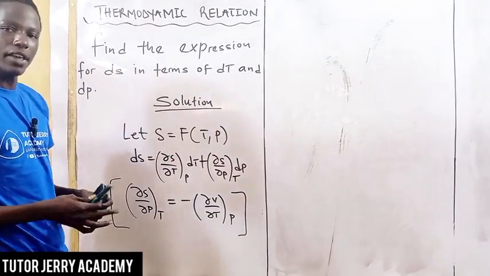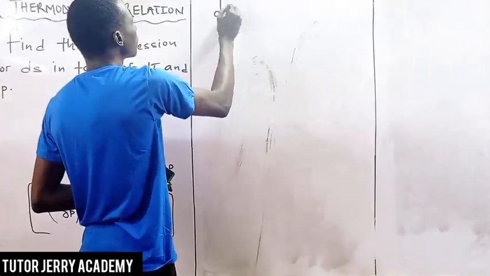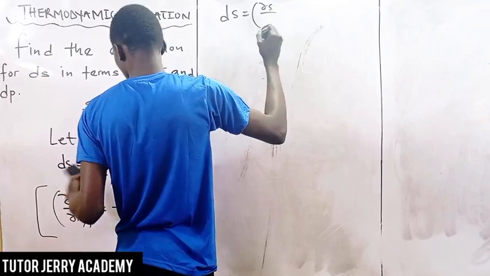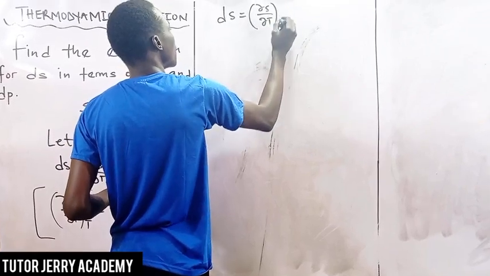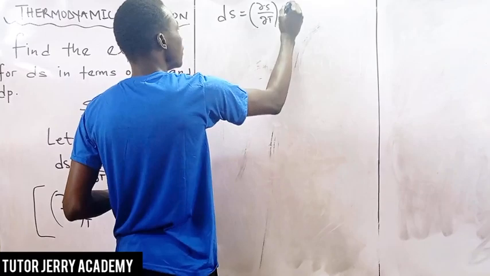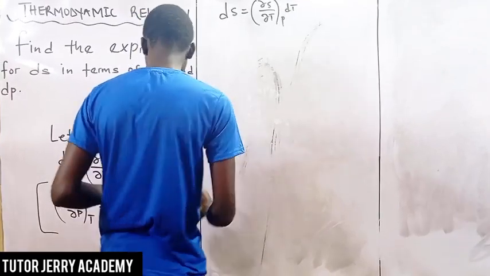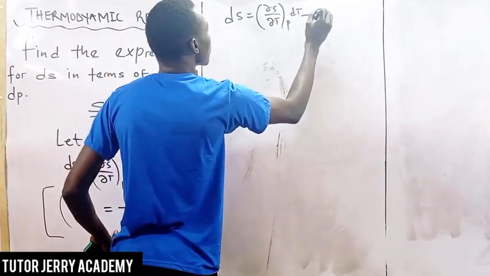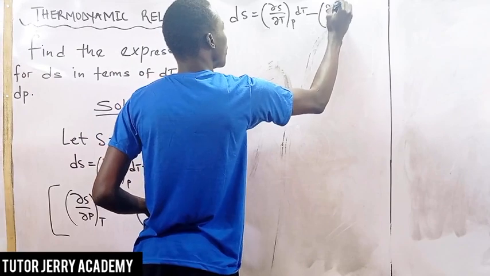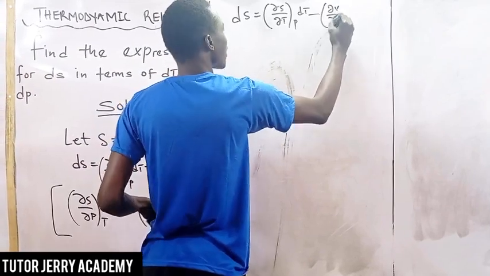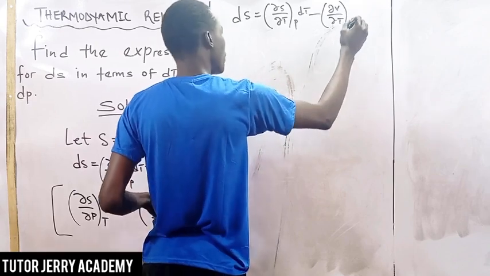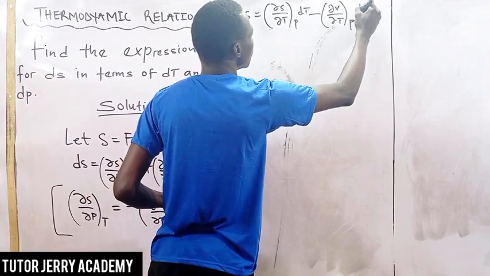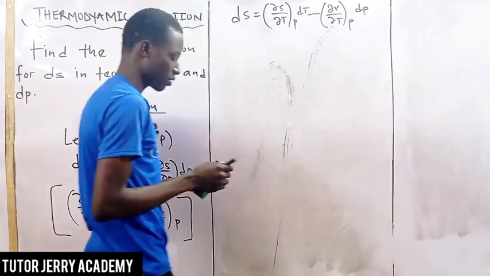If we do that, dS will be equal to the partial derivative of S over the partial derivative of T, keeping P constant, dT, minus the partial derivative of V over the partial derivative of T, keeping P constant, dP. So this is what we have.